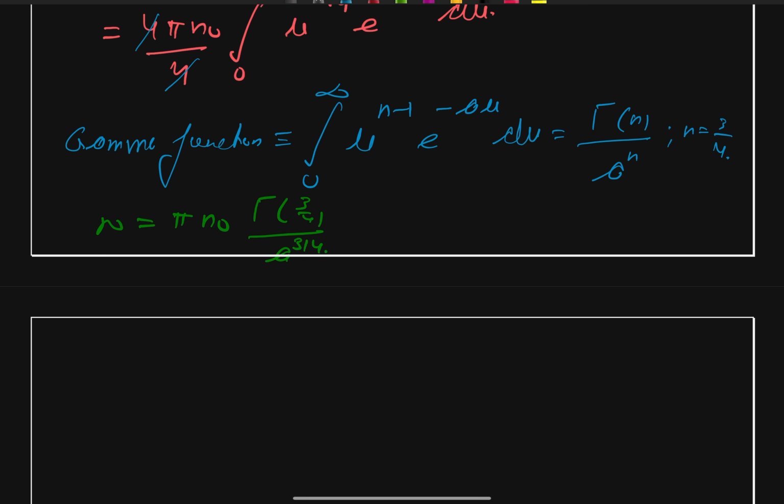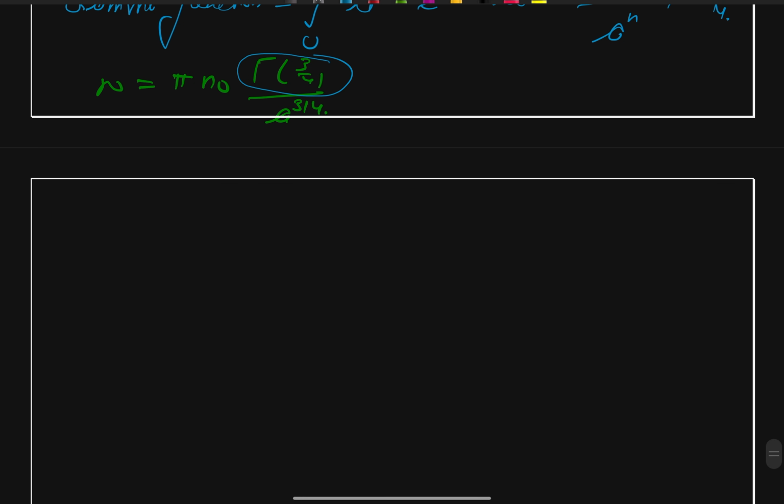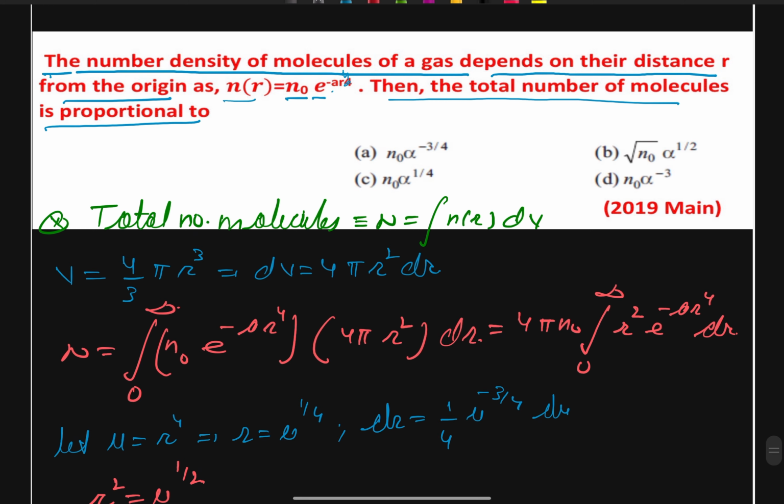Pi is constant and this function value will be also constant. So pi is constant and this is also constant. Therefore, we can say that our N is proportional to our n naught alpha raised to power minus 3 by 4. So option A is correct.